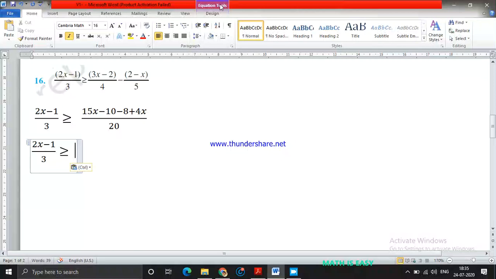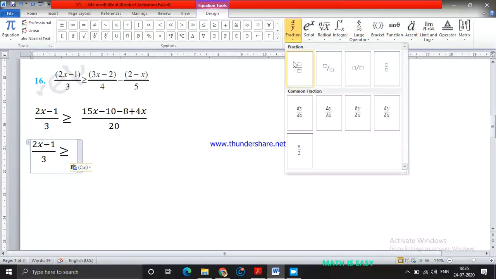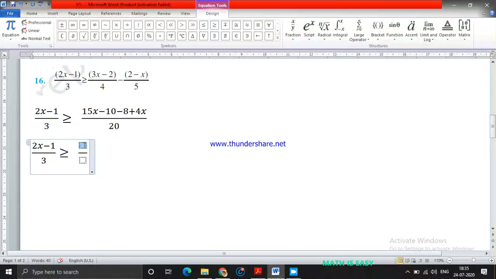Now in the fraction, 15x plus 4x will be 19x, then minus 10 minus 8 will be minus 18 upon 20.